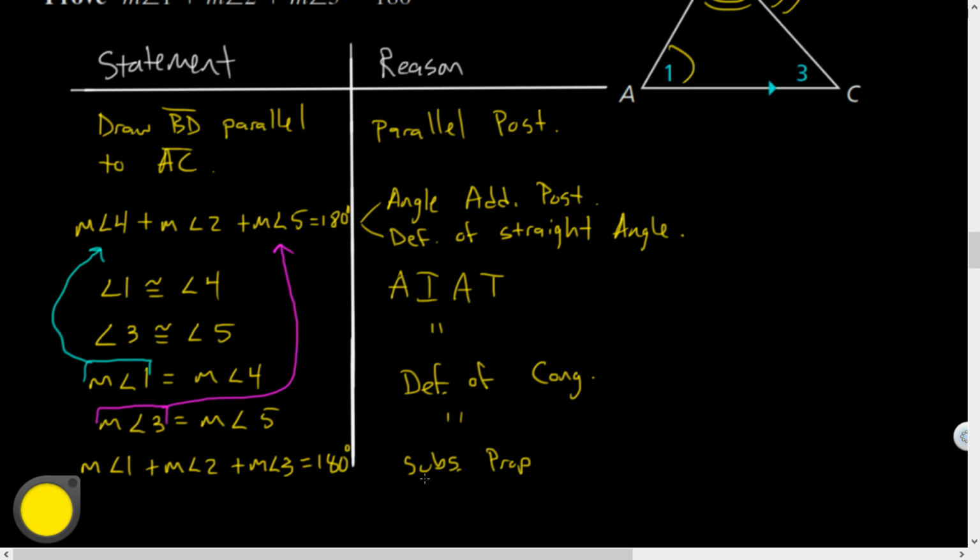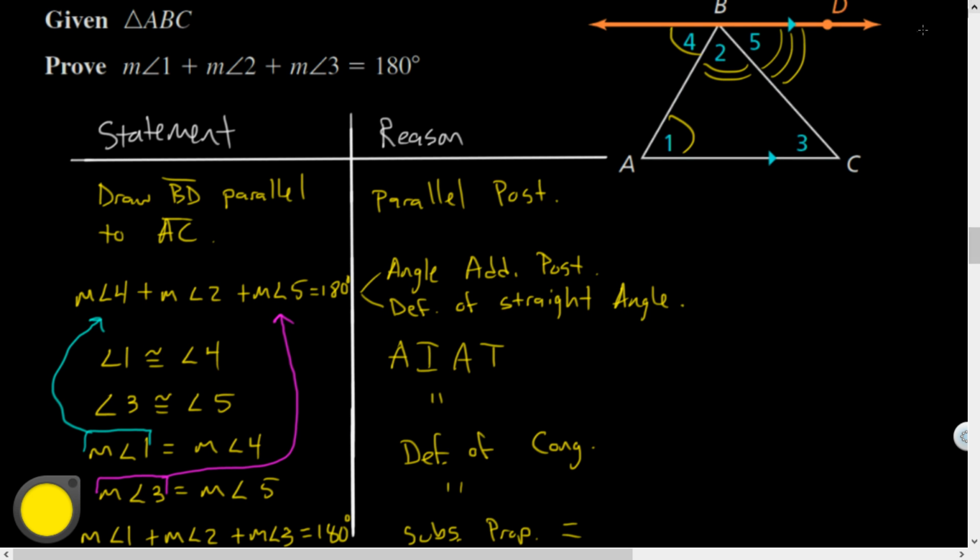And you got to go at least out 4 letters for that abbreviation because we also had a subtraction property and we want to be distinct. So substitution property of equality.